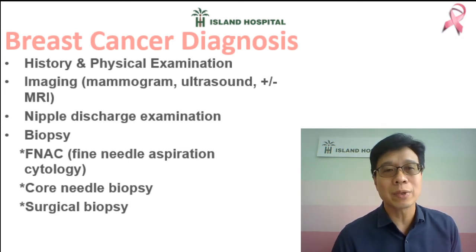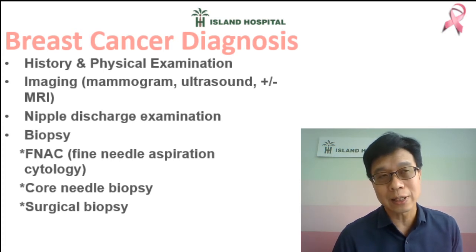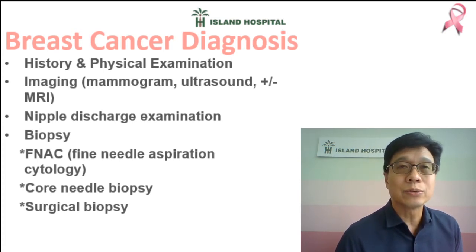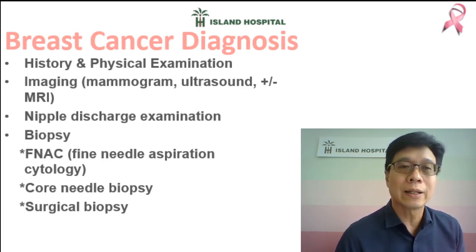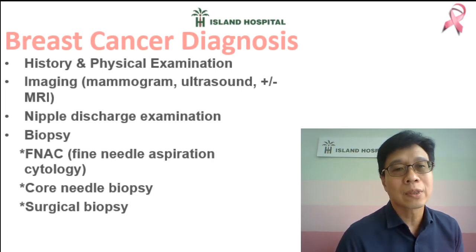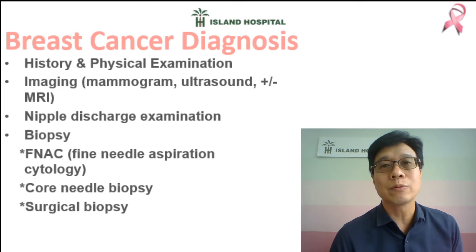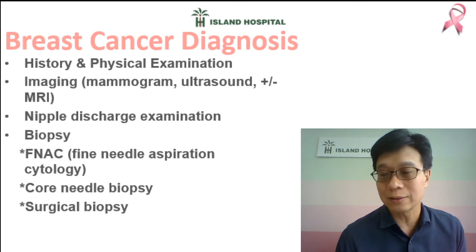But a more accurate method would be a core needle biopsy, where a larger needle is used under local anesthetic to remove a small piece of tumor tissue, and that can be sent to the lab for analysis. And of course, the most accurate would be a surgical biopsy where the lump is completely removed and carefully analyzed.